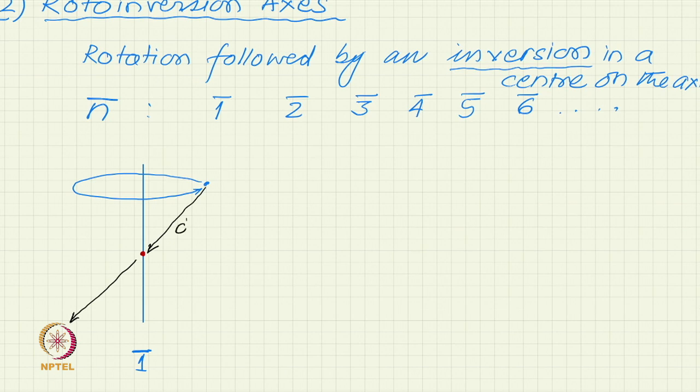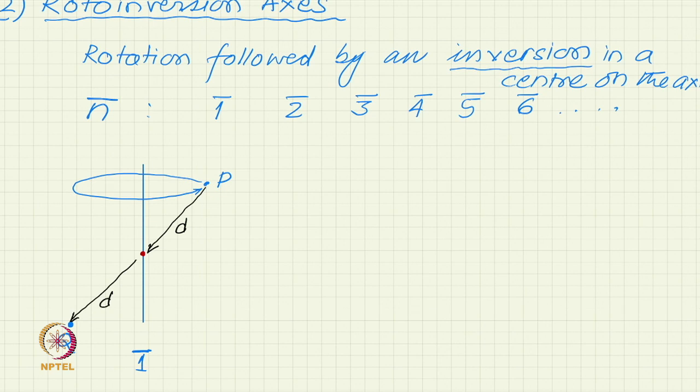So if this was a distance d, this is further distance d, and then the point which is generated is the image point. So this is the original point P, this is the image point Q. This operation is called inversion.